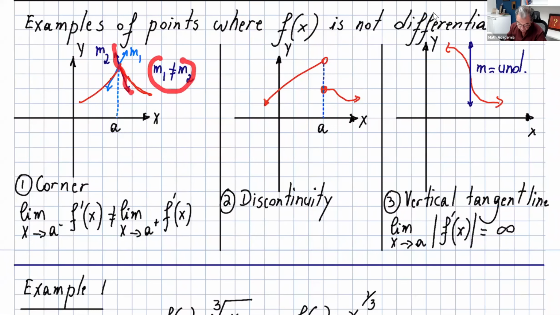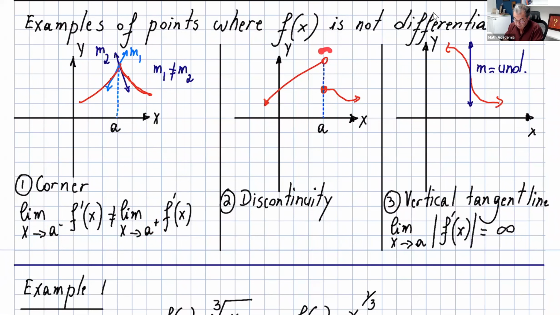The slopes of these two lines are not equal. If you write that, you can say the limit as x approaches a from the left side of f prime of x is not the same as the limit as x approaches a from the right side of f prime of x.